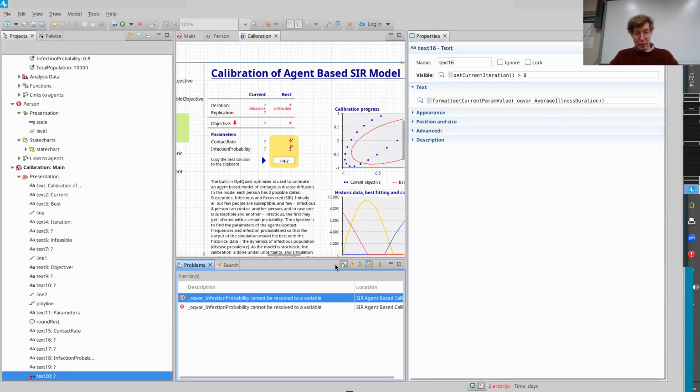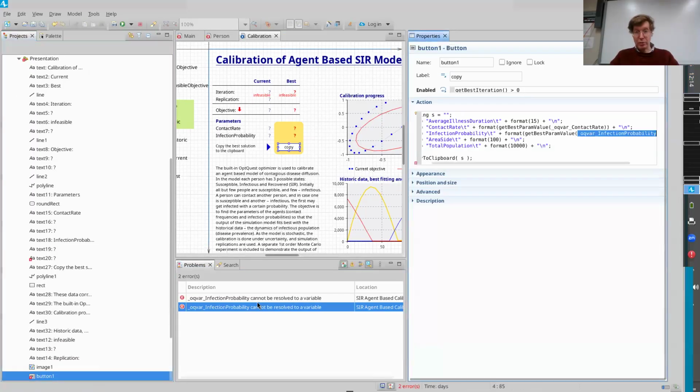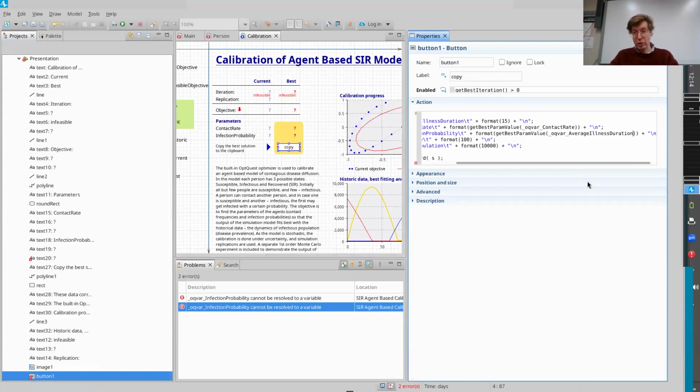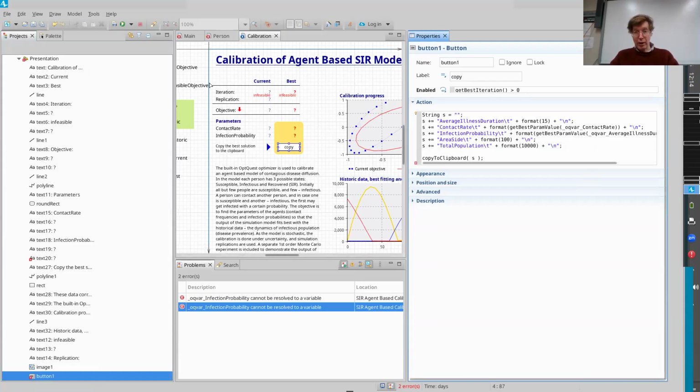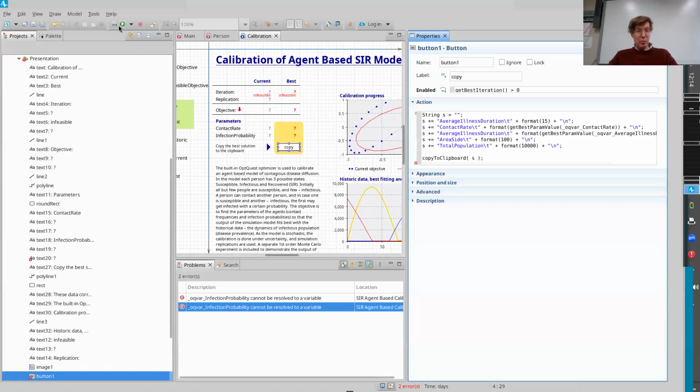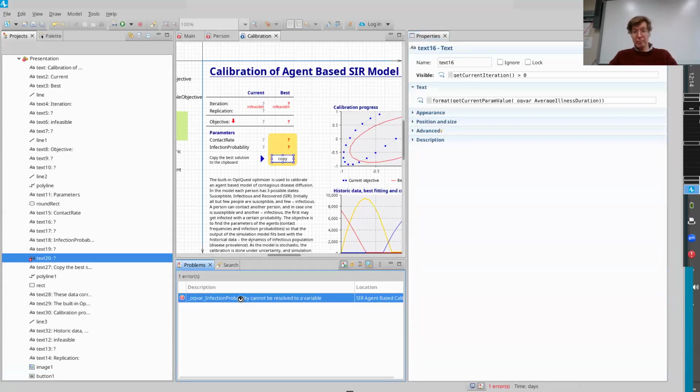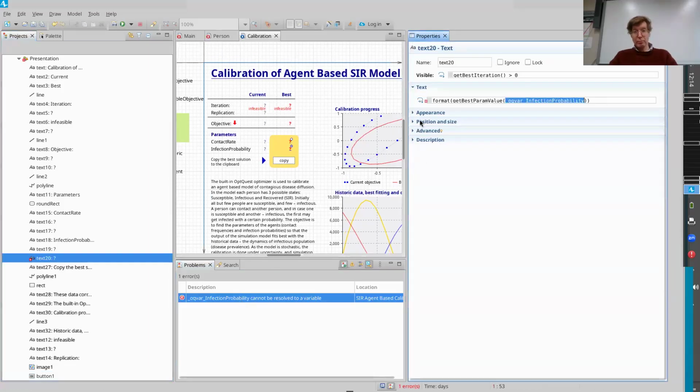Now this one is still complaining about infection probability, and I will go back to that, but I'm going to click on this third one, and this should be illness duration. I was hoping to avoid this. Average illness duration. All I'm doing is going through and trying to address each of these complaints.